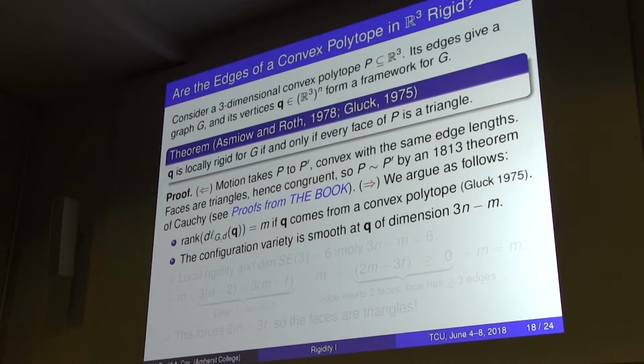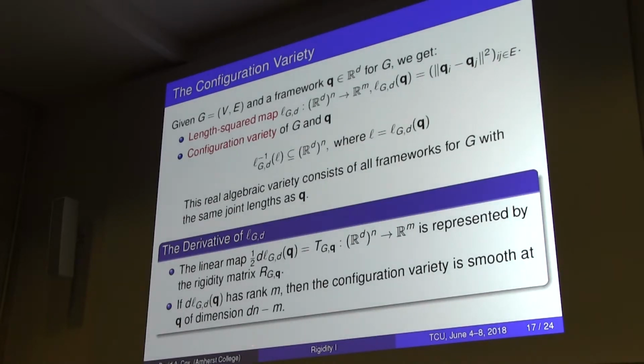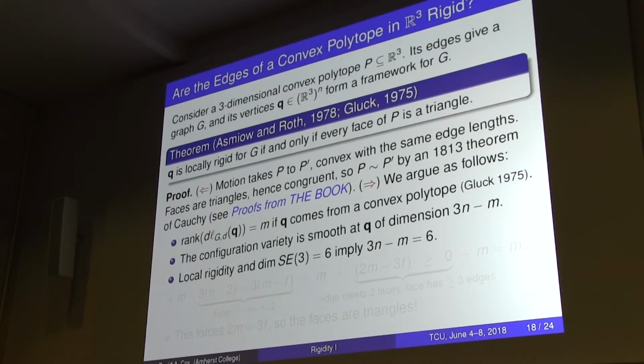So in fact, by one of the earlier slides, the configuration variety is smooth of this dimension, and remember that it was d times n, but d is now 3 because I'm in 3-dimensional space. I have that, but the point is I'm locally rigid.